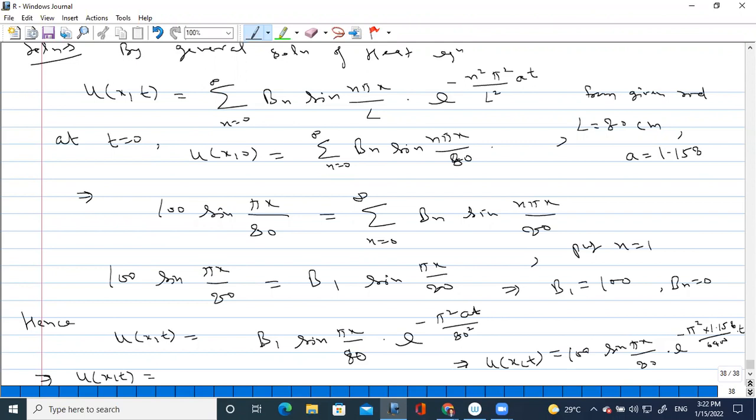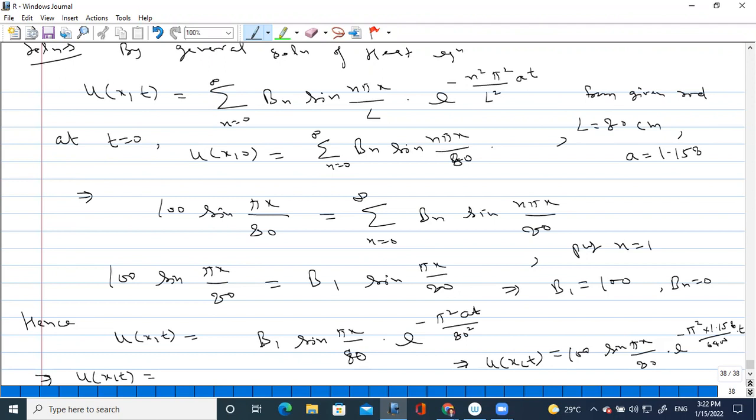Sir, if f of x is not sine x, or if it is cos x or another, we have to use the integration Fourier method. Is it like that? We want to find u(x,t) only. B_1 we have already found, no? Yes, because he applied the boundary condition. Yeah, boundary condition I have applied, but here I can directly find it, na? From the series I can compare.